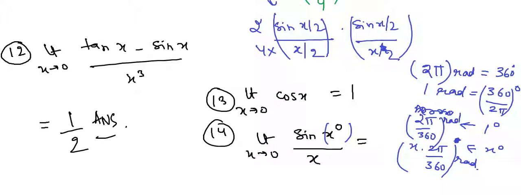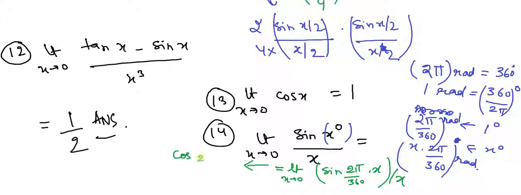So you will reach this point as limit x tends to 0, sine of 2 pi by 360 into x whole divided by x. Again if you put x tends to 0 here, 0 by 0 form you're getting. So the method says what? The theta should be same using the previous formula, or you can differentiate it also. Let's differentiate it. Sin x differentiation will be cos of 2 pi by 360 into x.